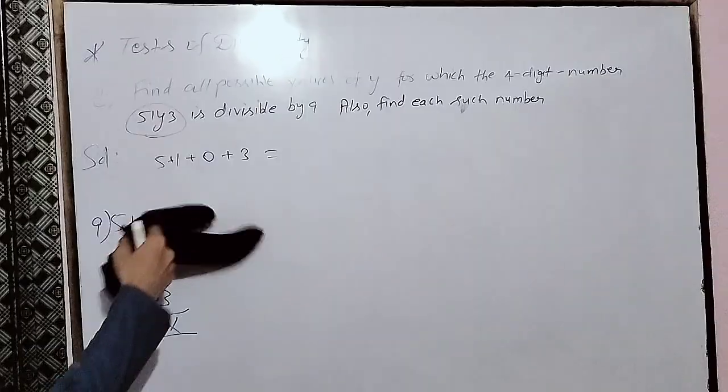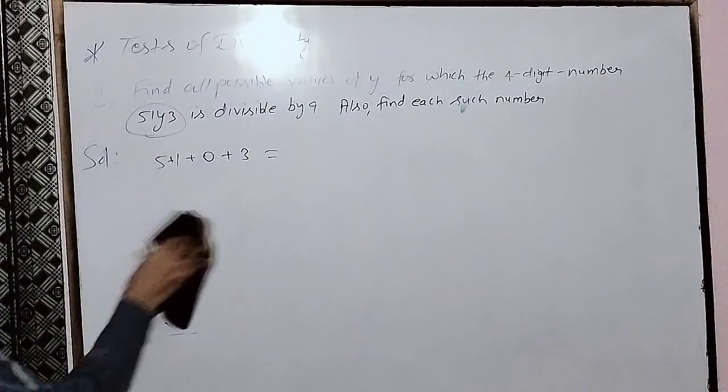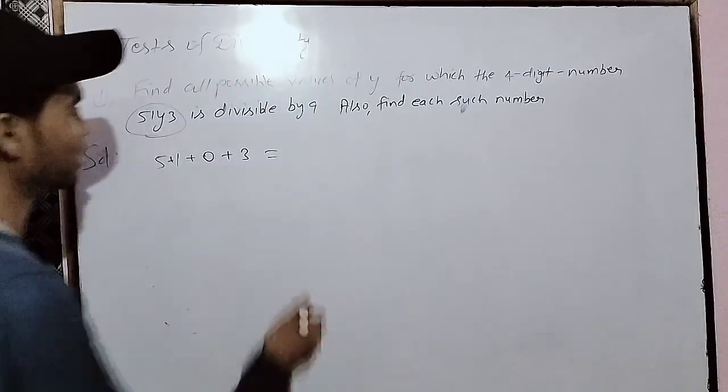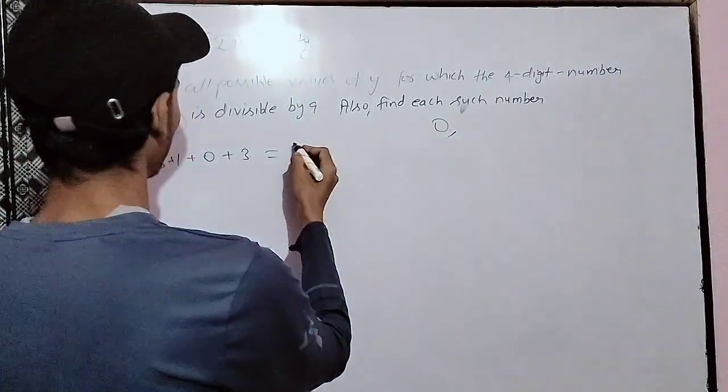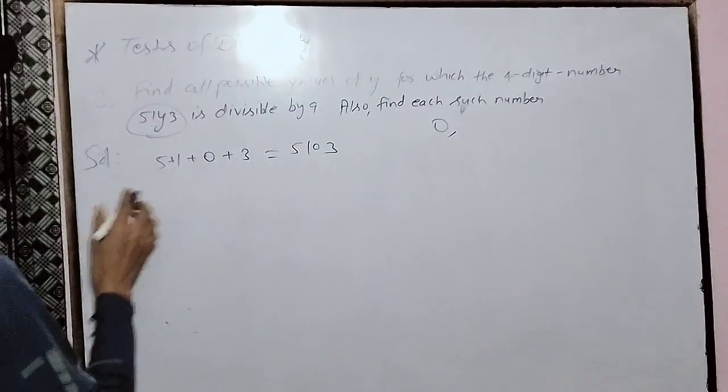Okay, you can see this is the result. So the first result is 0. Okay, 5 1 0 3. This is the first number.